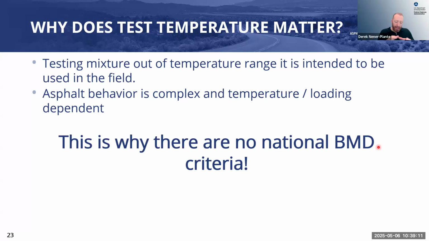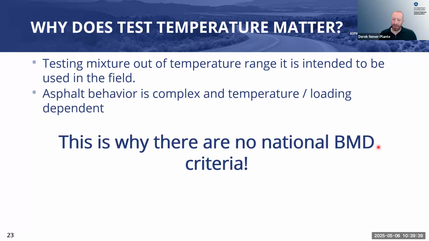Knowing that one data point doesn't make you understand the rest of the master curve, if you will, of how that material will perform. Well, that same exact argument applies to this test temperature idea: being able to predict how a material performs at a given temperature is often a fool's errand, unless you test at that temperature, right? Those are nonlinear effects, right?